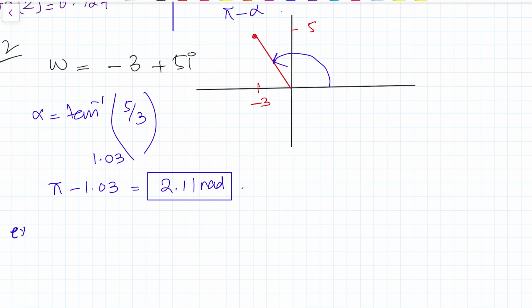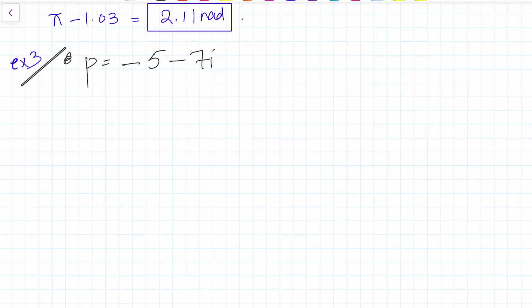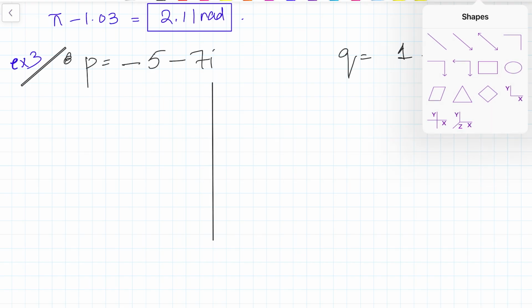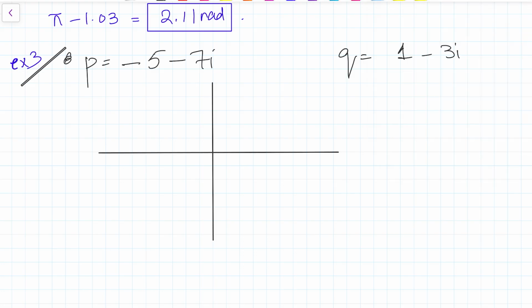Now, example 3. P is equal to minus 5 minus 7 iota. And I'll take another one simultaneously. Q is equal to 1 minus 3 iota. Let's plot both of them on this Argand diagram. Minus 5, minus 7. So it is going to be this entire argument.